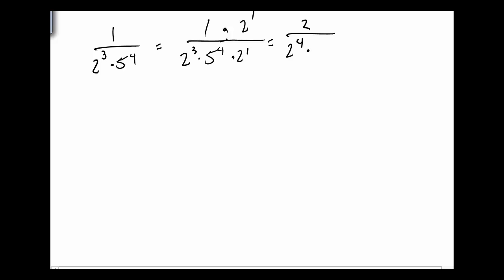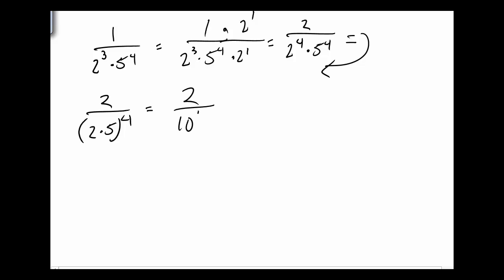It gives me 2 to the 4th times 5 to the 4th in the denominator. So then I have 2 over, and then I'm going to separate out that exponent. So 2 times 5 to the 4th down below. So that's 2 over 10 to the 4th, right?